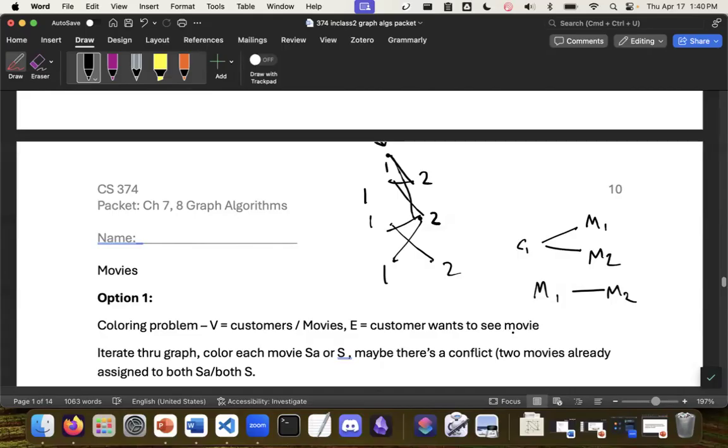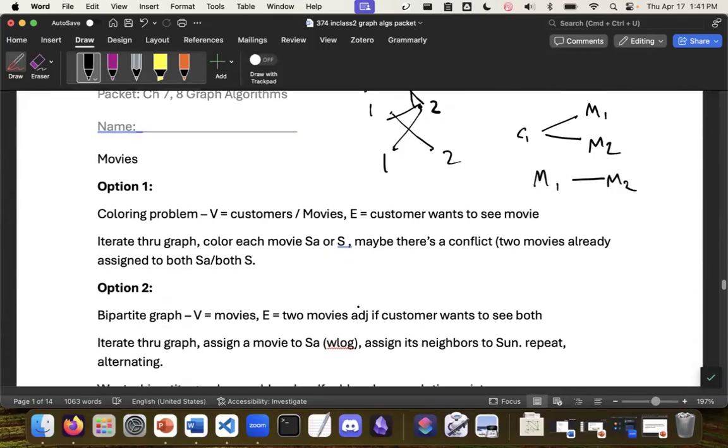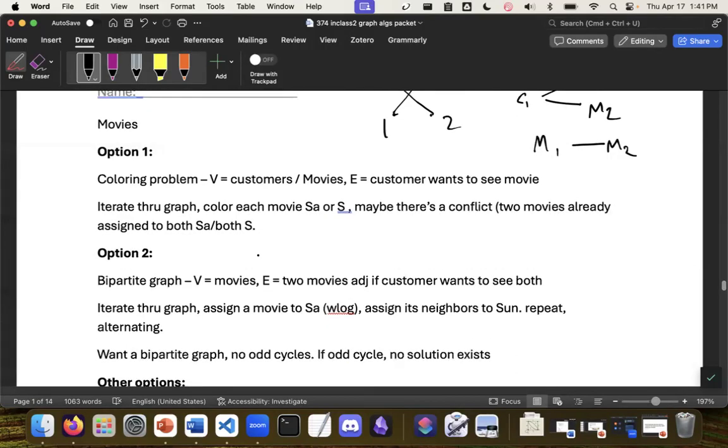And so then we do a similar algorithm where we go through the graph, either maybe BFS or DFS, and we label each of the movies, one Saturday and Sunday. And then the same idea: if there is a conflict, then there's no solution. But if we're able to get through all of them with no conflicts, then we've found a solution.